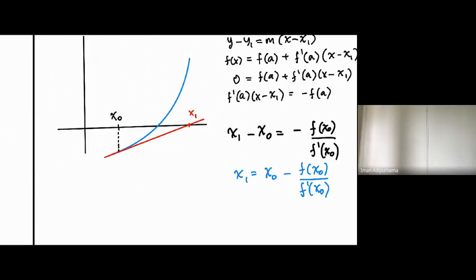If we want to, let's say, use x1 to find another x2, we can do that. Bring the x1, go to the function, and cut another tangent line. Okay, let's do one more and see.